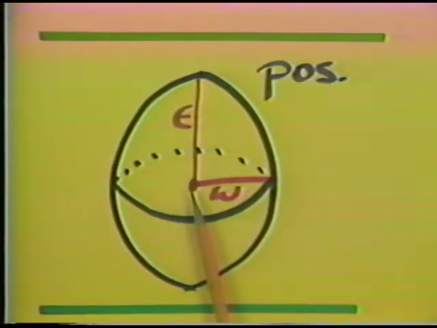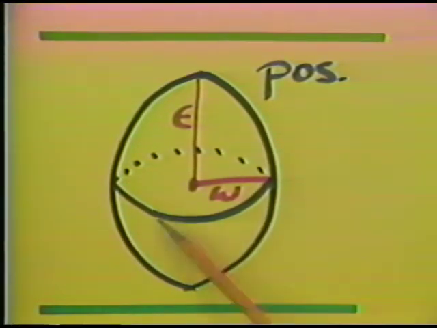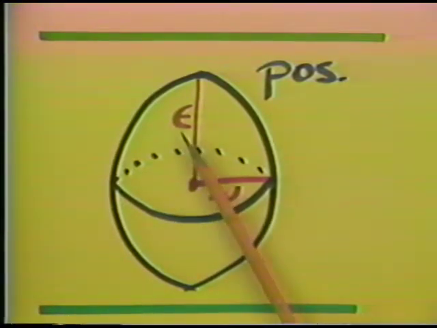Epsilon is measured in the vertical sense from the center of the ellipsoid to the top. The horizontal section like this is actually circular, so omega could specify this direction as well. For this particular case, it's a positive mineral where epsilon is greater than omega, and so this body is elongated in the vertical sense.